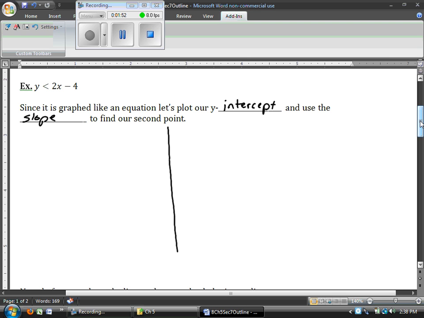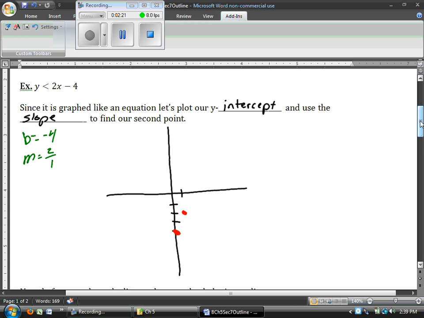Okay, so if we draw xy axis here, we can plot our y-intercept is down 4. We know that. Our slope, let's see, b was negative 4. Our slope is 2 over 1. So we're going to go up 2 and to the right 1.